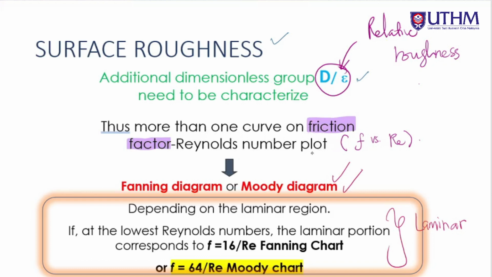Okay, ini yang saya cakap tadi. In order to find the friction factor, kita boleh guna additional solution. Sama ada tadi tu saya cakap kita guna equations, and this part maybe kita boleh guna diagram as well.